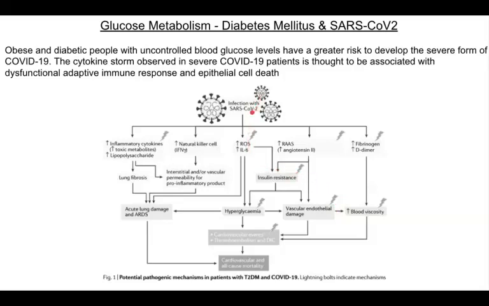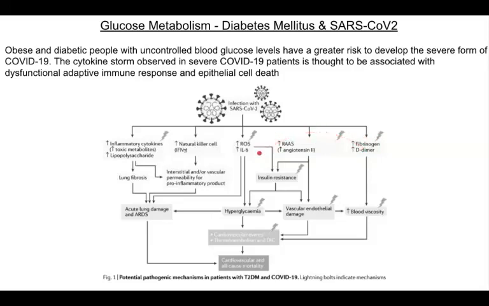You have SARS-CoV-2 infection, which through various mechanisms leads to elevated inflammatory cytokines, interferons, an increase in reactive oxygen species and interleukins, derangement of the renin-angiotensin-aldosterone system, and elevation of fibrinogen and D-dimer.